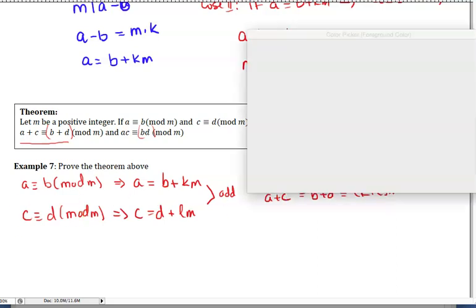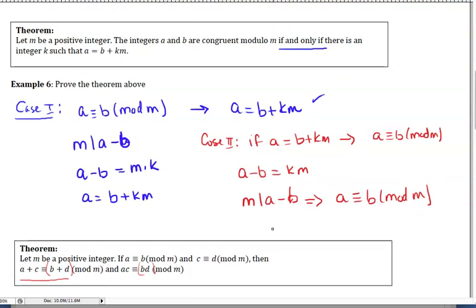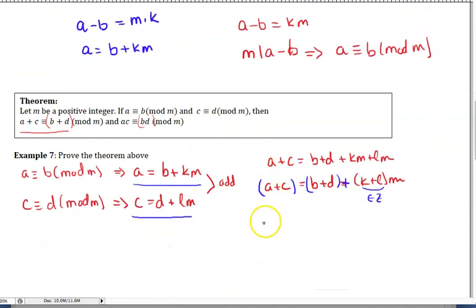Now you can see that this has the same format as these equations right here, because I have a number equals another number plus an integer times m. So by the theorem above, we can say that a plus c is congruent to b plus d mod m.